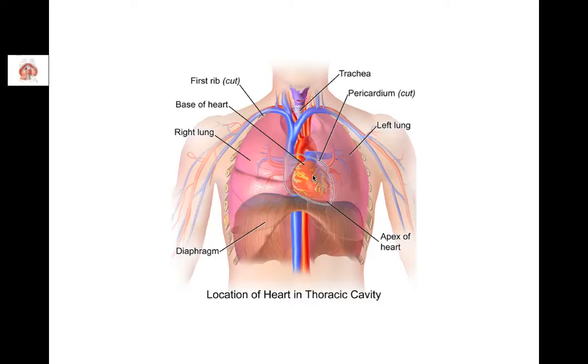And so it's got a much bigger stroke volume than the heart is my point here. I just want to give you an opportunity to appreciate that by seeing how the diaphragm goes all the way across the back. It should really point up to us the importance of using the back of the diaphragm. It's there for a reason. It's on the back of the body for a reason.